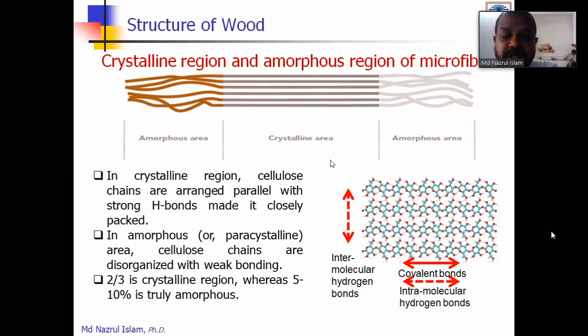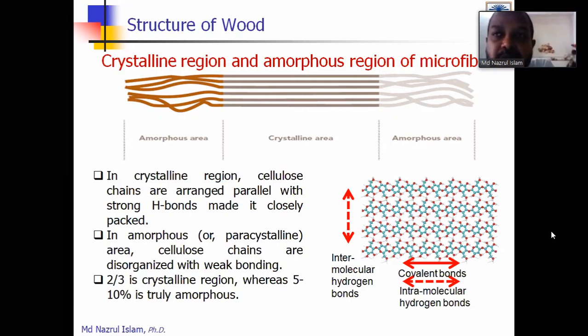So why does wood have the affinity to water? The answer is quite simple: because wood has amorphous and crystalline regions. In the amorphous region, the hydrogen bonds between and within cellulose chains are not strong, and they are irregular.